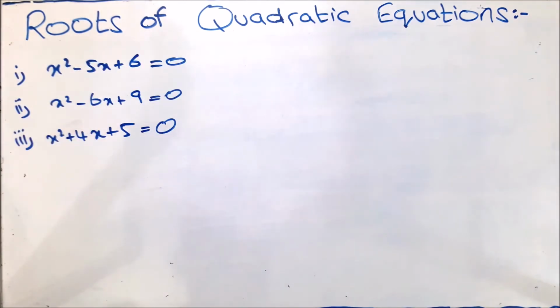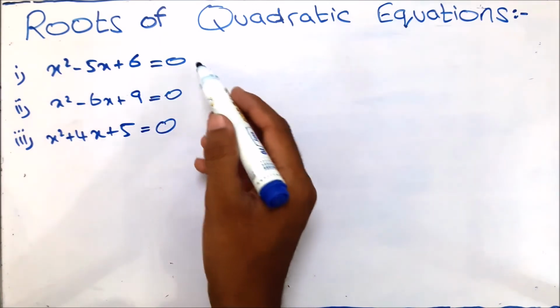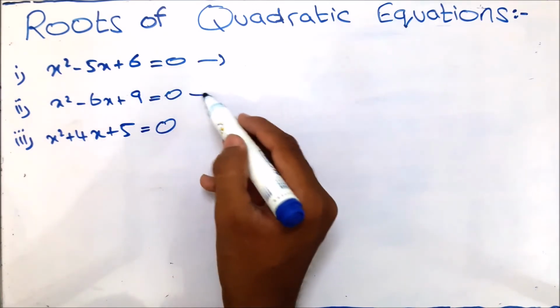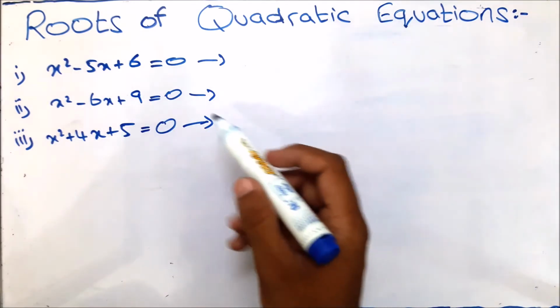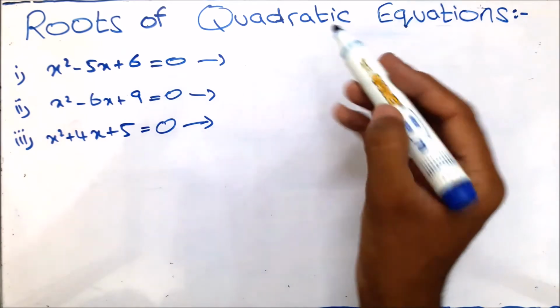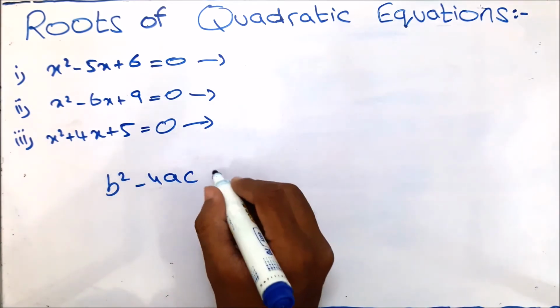Okay, here we have three different examples, and we will find out using the discriminant how many roots each of these has. Let's take the first one and apply our b squared minus 4ac rule.